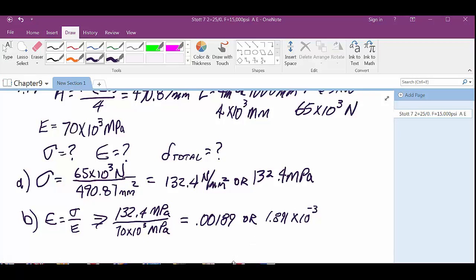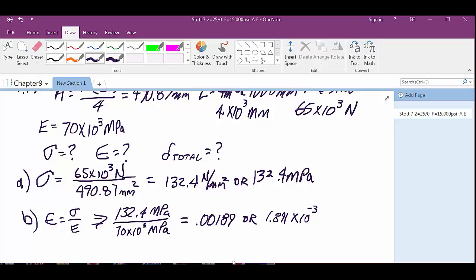Is that what we express in millimeters per millimeter? Yeah, and I put megapascals. As far as the metric units, it would be megapascals over megapascals, so it's a kind of unitless deal.